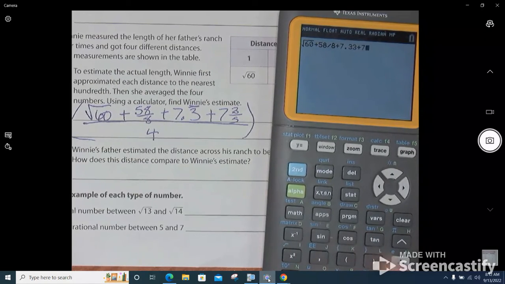Plus 7. Now I'm going to do this a little different. Plus 3 divided by 5. So that's my 7 3/5, right? Do you know when you say 7 3/5, you're really saying 7 plus 3/5.